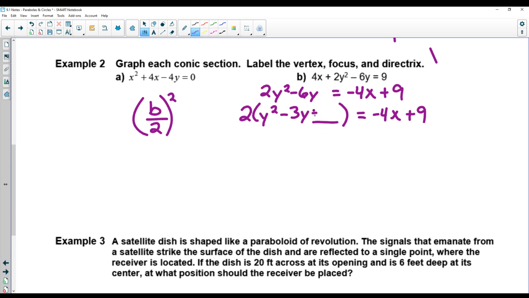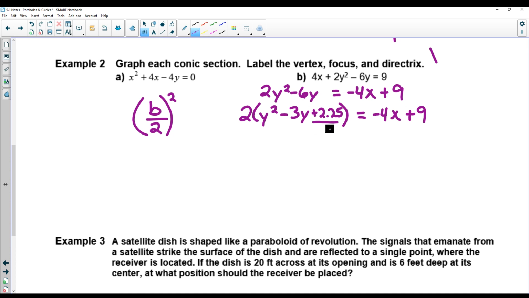So that is what I'm going to add right here. What that does is it gives me a quantity that, when I factor it, will end up being a quantity squared in the end. That's why this rule exists, right? And we've covered that before this year. I'm sure you guys will be fine with it.